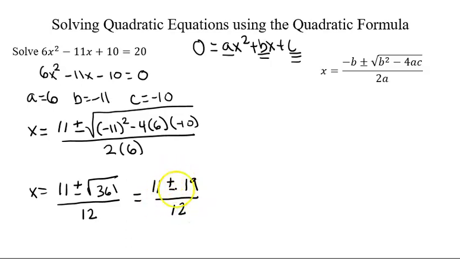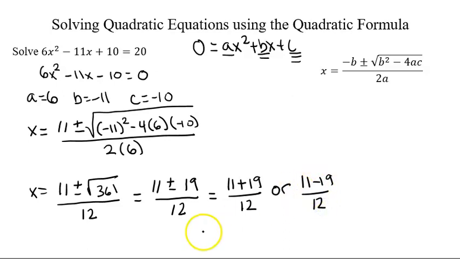So essentially what the plus and minus sign tells me to do is evaluate this equation twice. The first time I'm going to evaluate it by taking the numerator and adding the terms together, then dividing by 12. And the second time, which is the or, is going to be me subtracting the terms in the numerator and dividing by 12.